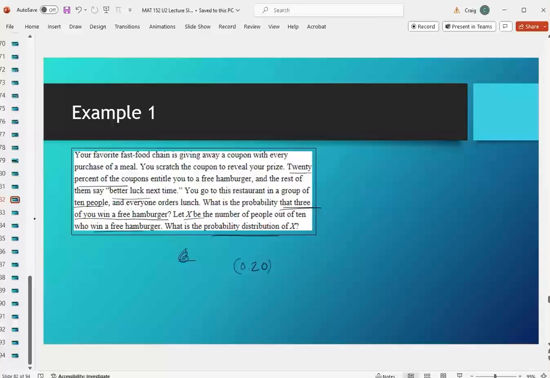If 2 of them win, they both have that 20% probability. If there are 3, then all 3 have that 20% probability. That means the other 7 all have to have the 0.8, right? There's 80% of the time. That's 5.